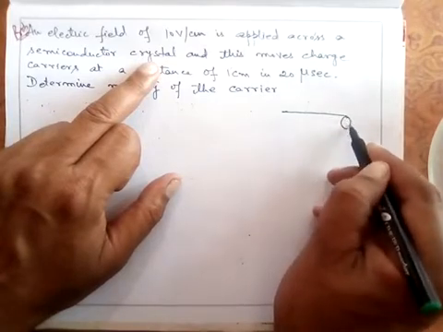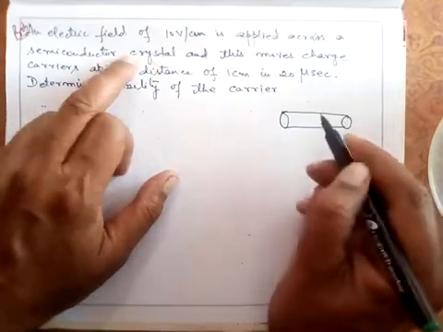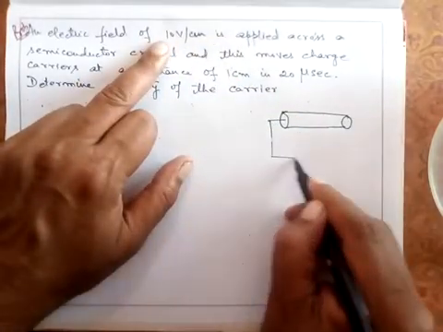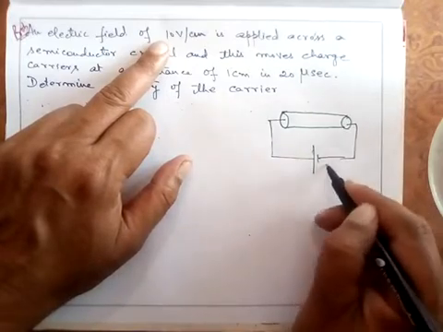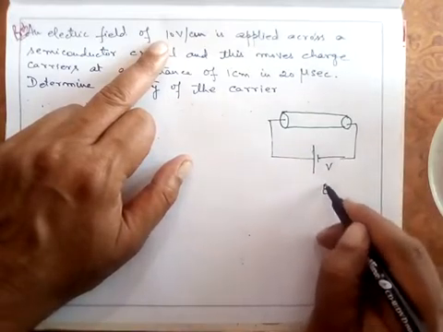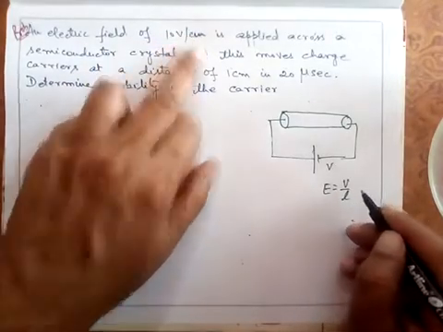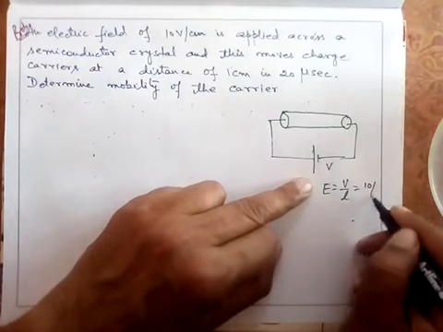This is a semiconductor crystal here, either germanium or silicon. An electric field of 10 volt per centimeter is applied here. It means after applying some voltage, an electric field E, which is equal to V by L, volt per centimeter, is applied here, that is 10 volt per centimeter.